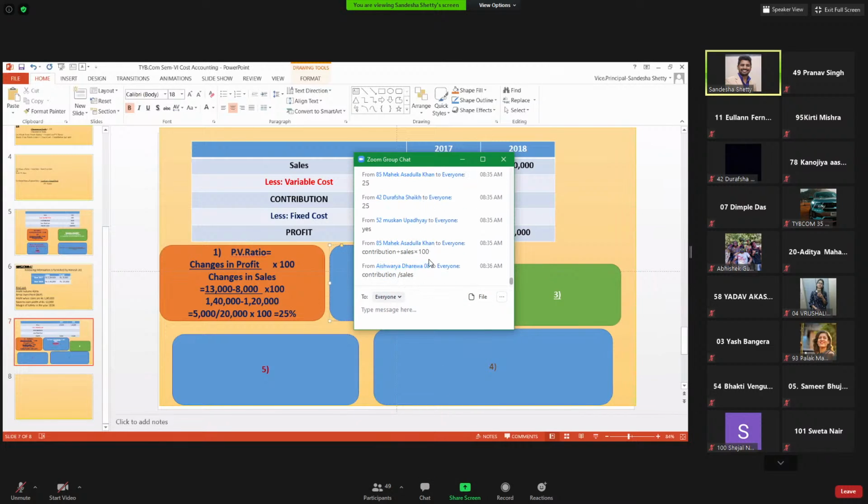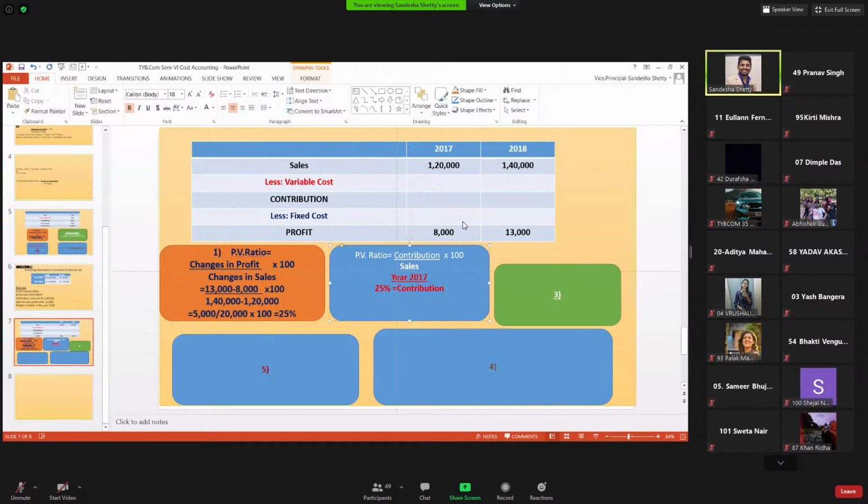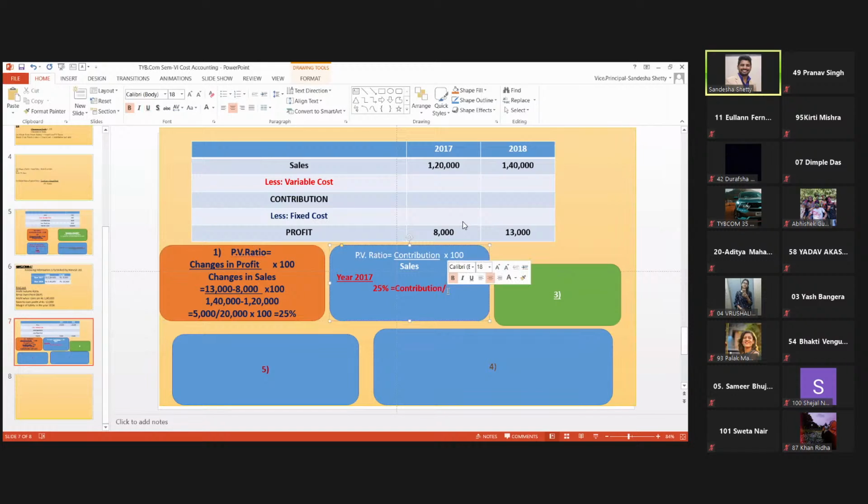It is equal to contribution, leave it like that because we don't know it, but divided by sales we know. You know the sales of 2017.